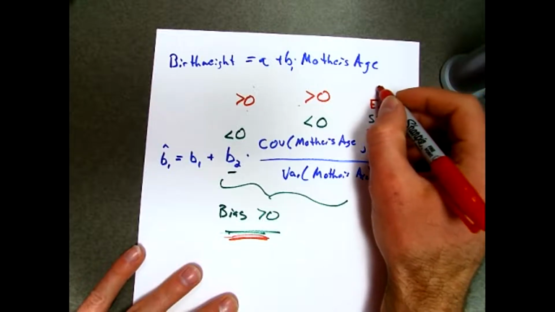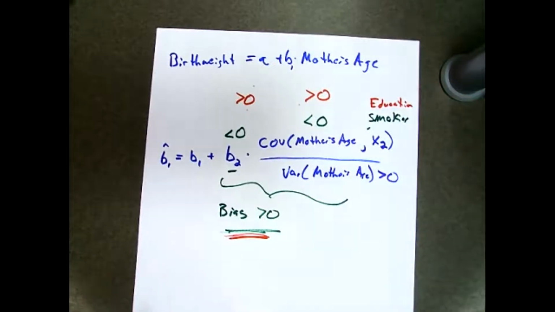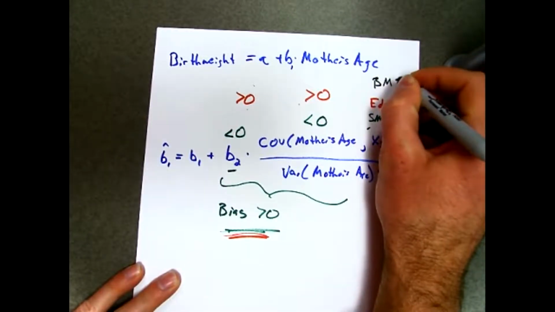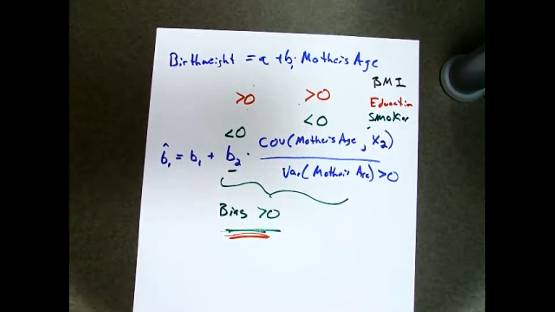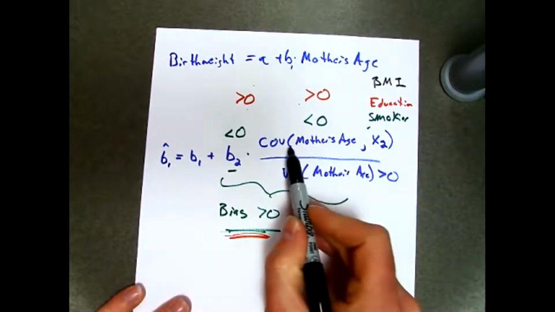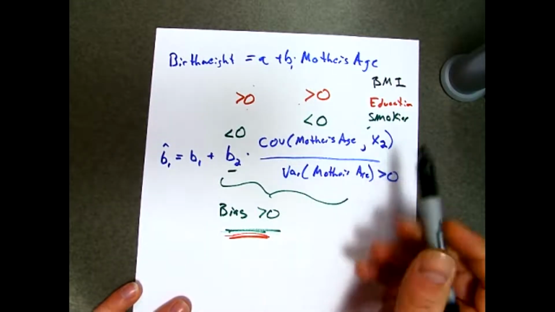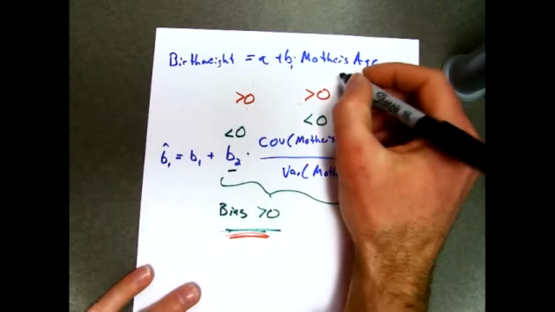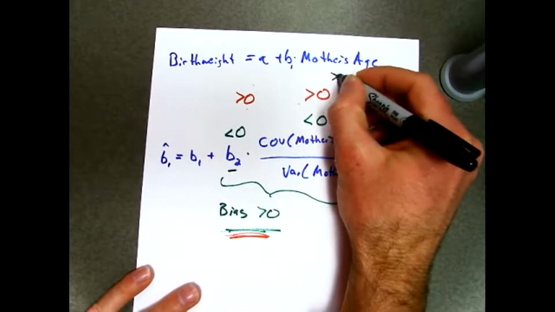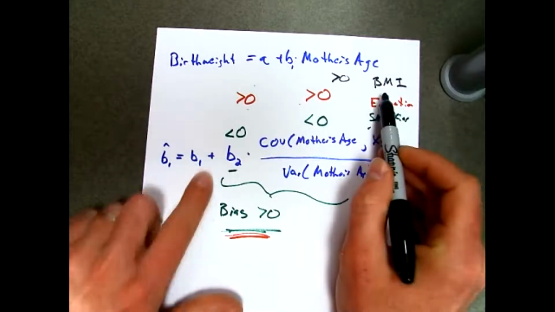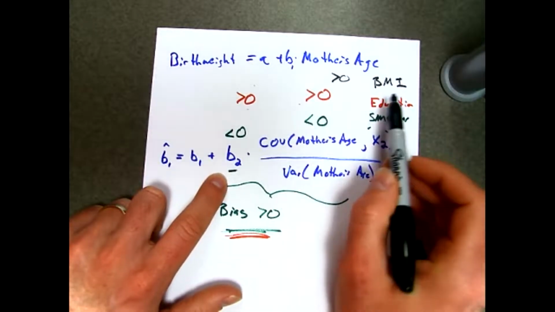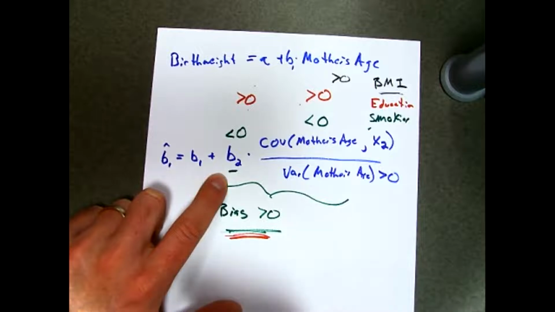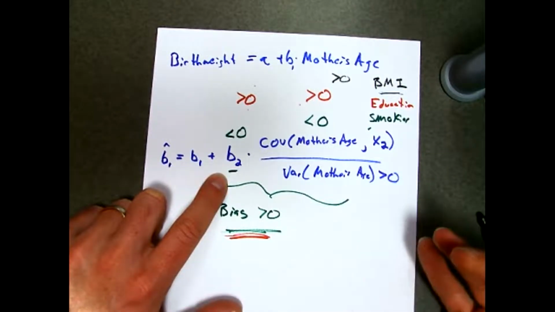You could think about something like, oh shoot, mother's age. I don't have another color, I have a black marker. This is maybe not the greatest, but say I'm using some measure of weight or BMI. The covariance between age and BMI: typically as people get older, they tend to have a higher BMI. So we would have a positive relationship there. However, if we include BMI in this regression, as people are heavier, typically in pregnancies the health of the child goes down.